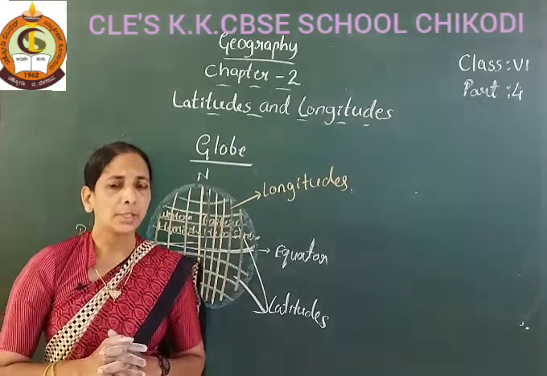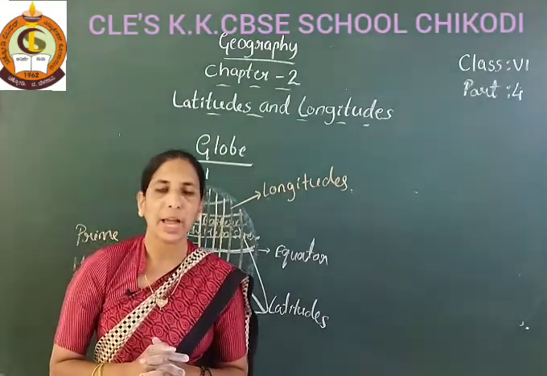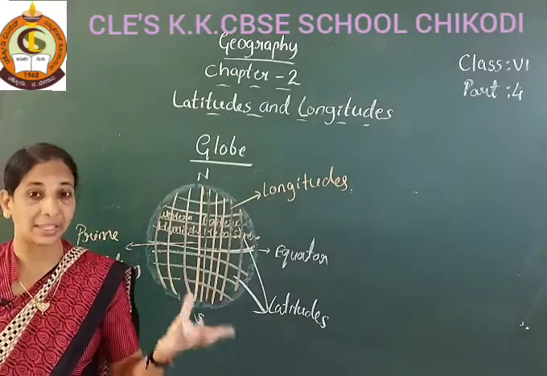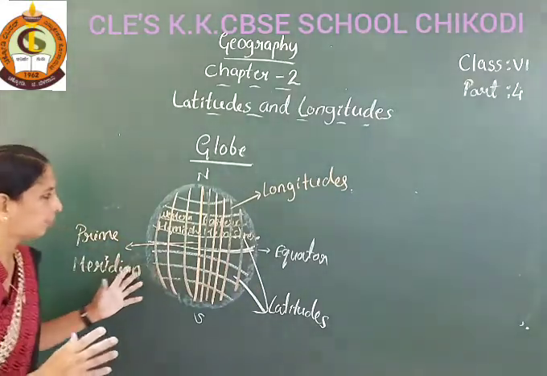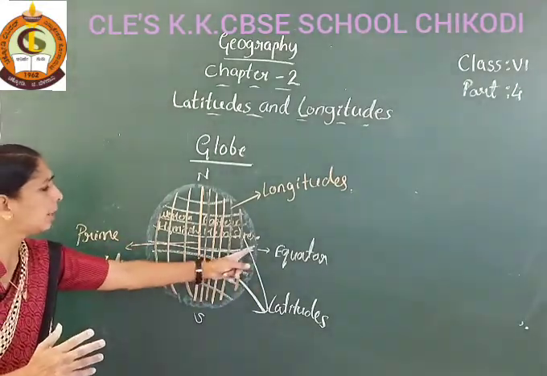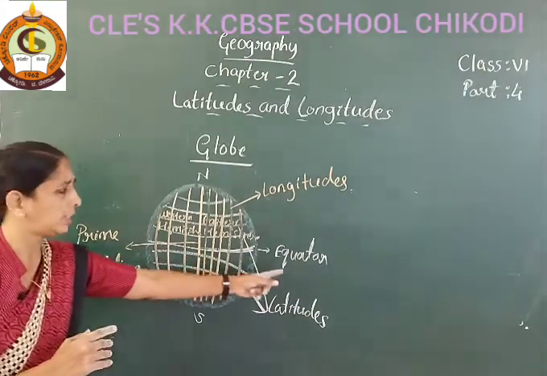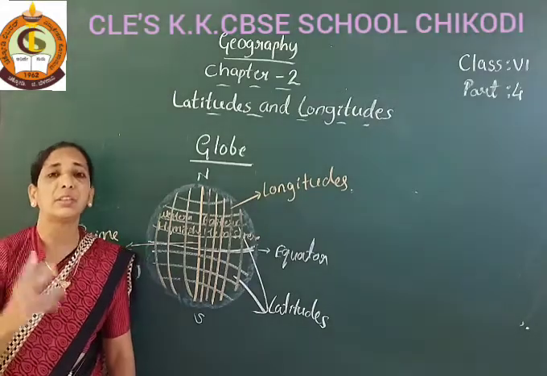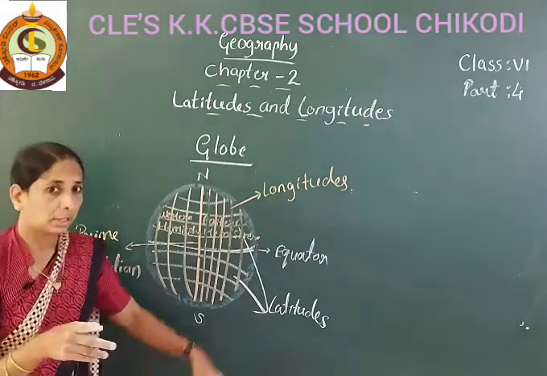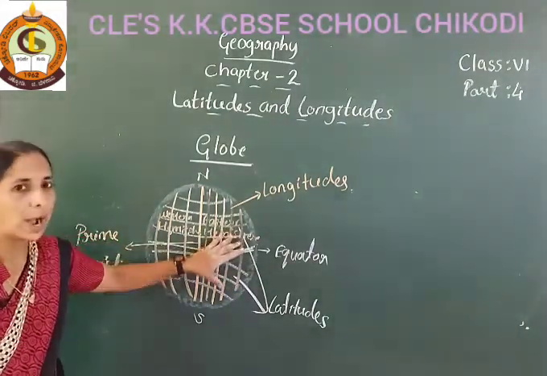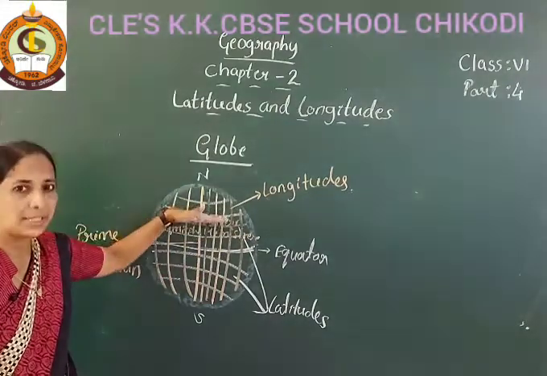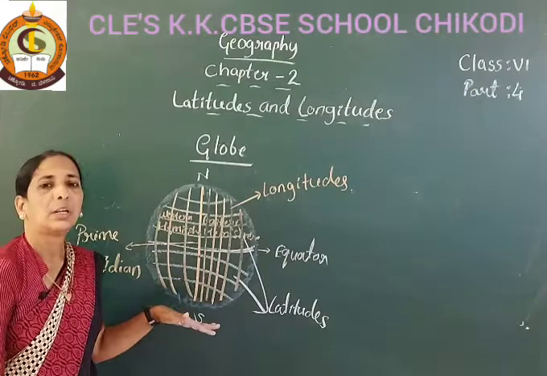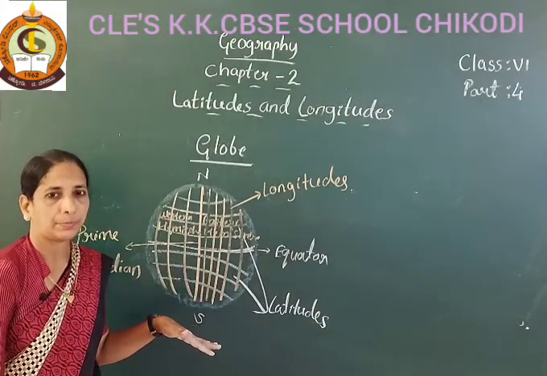Also on that globe we have seen some imaginary lines. See, student, the horizontal line is the equator. This equator divides the earth into two parts: the upper part is the northern hemisphere and the bottom part is the southern hemisphere.